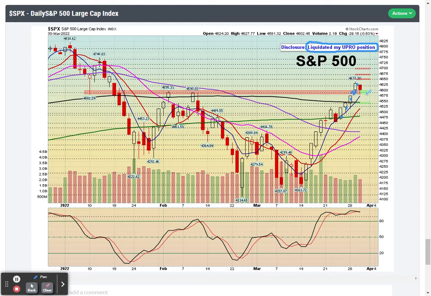It can be very choppy as the path of least resistance is still north. It could be very choppy on the way down because you have major support levels. You got the 5-day moving average here, then you got the 100-day moving average and these pivot points.